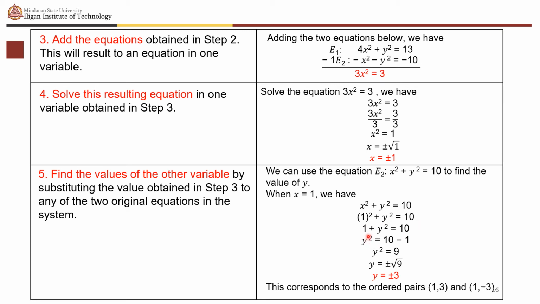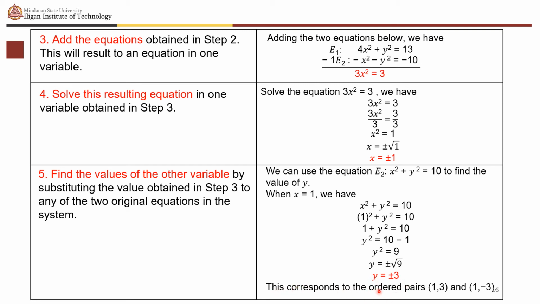So that will give us 1 plus y squared equal to 10, or y squared is equal to 10 minus 1. So y squared is equal to 9. That means y is equal to plus or minus square root of 9, or y is equal to plus or minus 3.